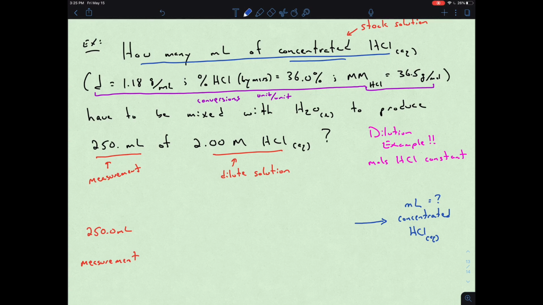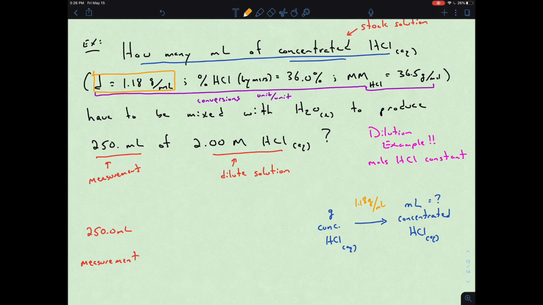We look at the density, it's 1.18 grams per milliliter. So if I could get into grams of this concentrated HCl, I could use my density to convert between grams and milliliters.